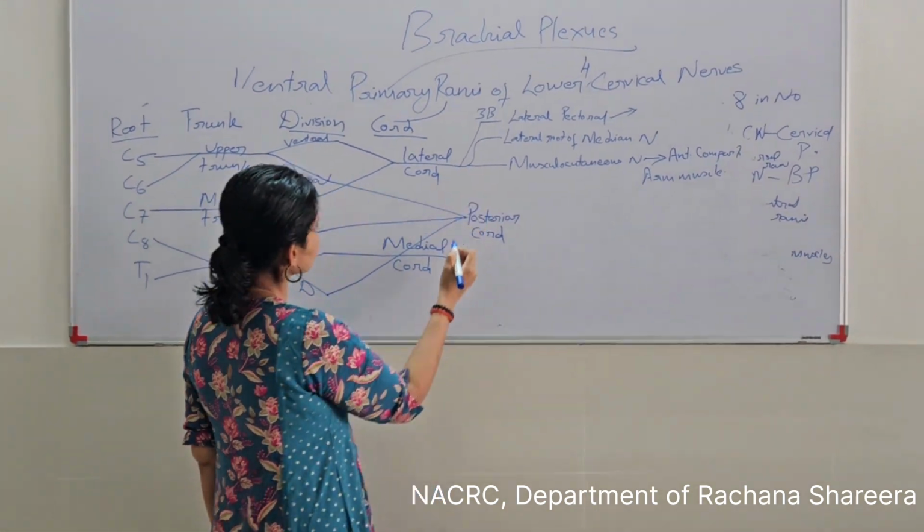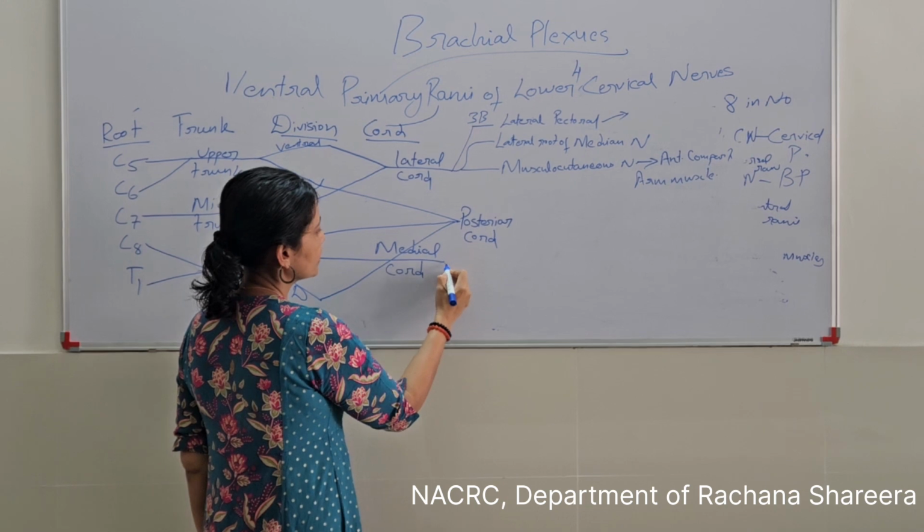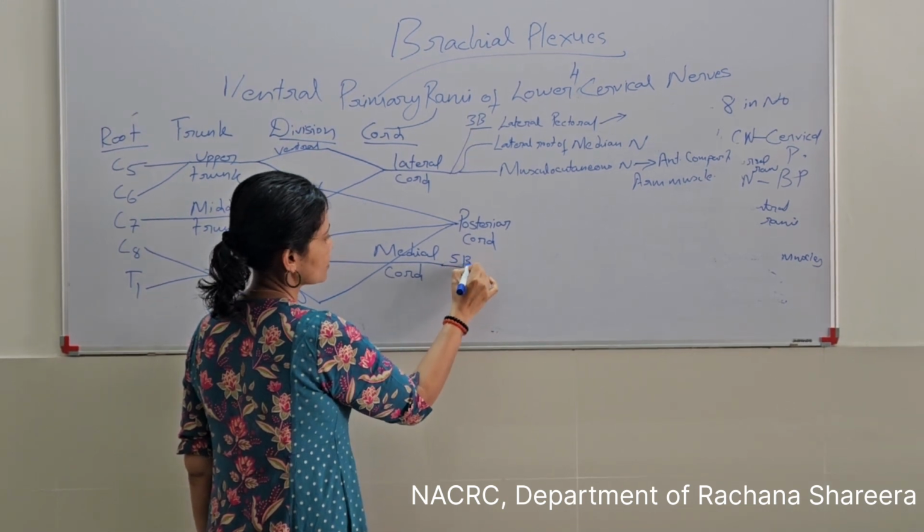Next is the medial cord. So the medial cord has 5 branches.